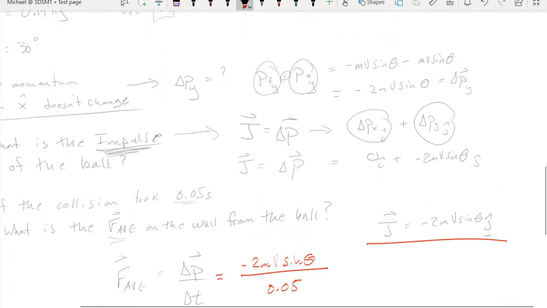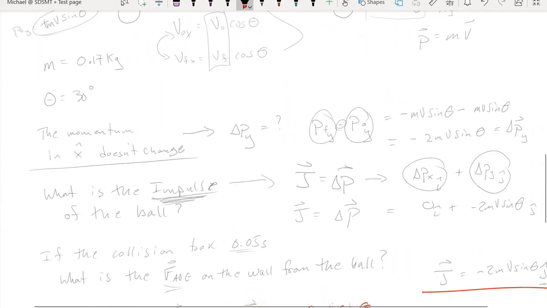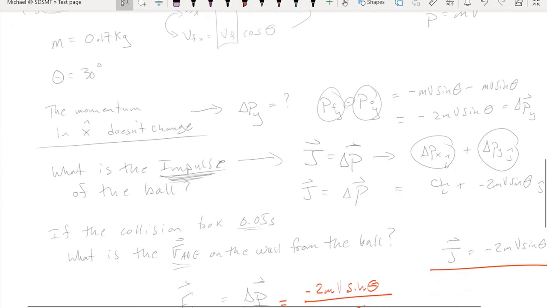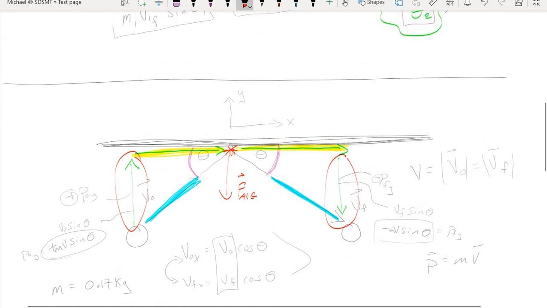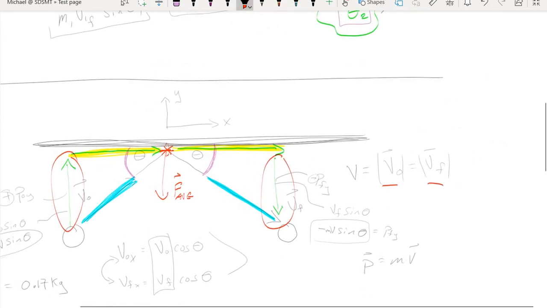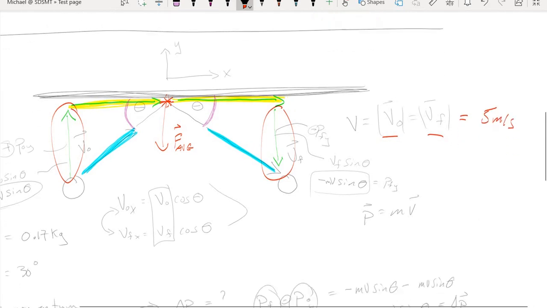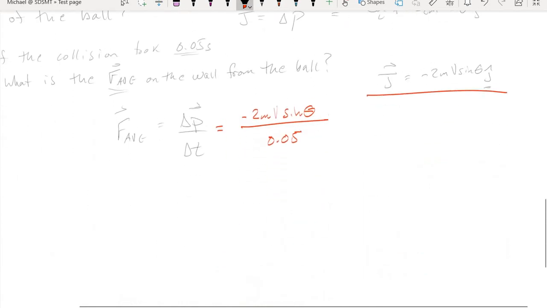At this point, let me see, we have the mass, we have the angle, I guess I would have to give you at least one of these, obviously, since they're both of the same value. We'll say 5 meters per second. Negative 2 times 0.17 for the mass, times 5, sine of 30 degrees, over 0.05. Calculator time.